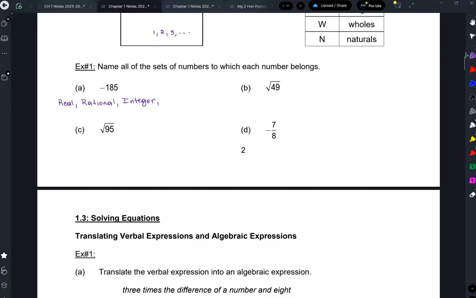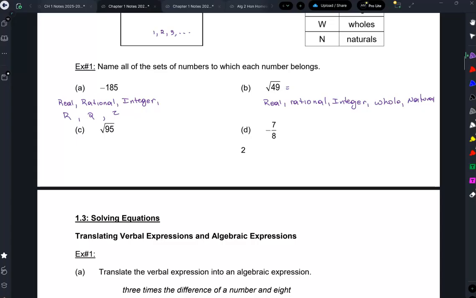Okay, what about root 49? It's real. Rational. Yeah. It's an integer. It's a whole number. And it's a natural number. And if you wanted to use the letters, like for the first one, it would be R, Q, Z. It's up to you.